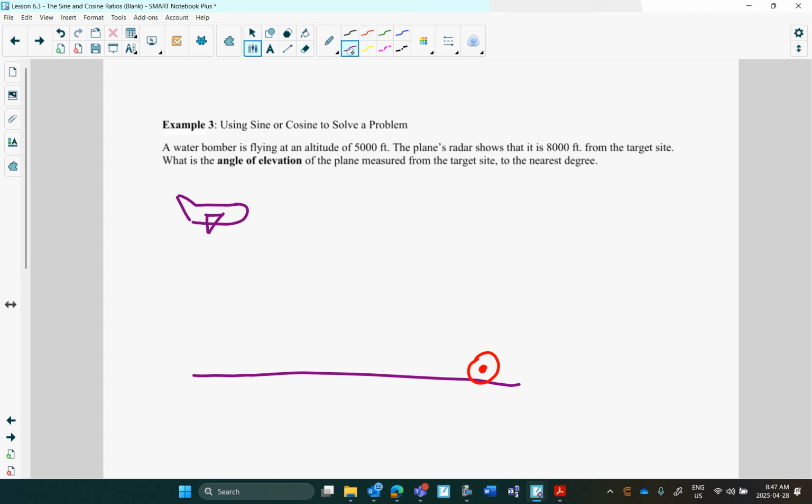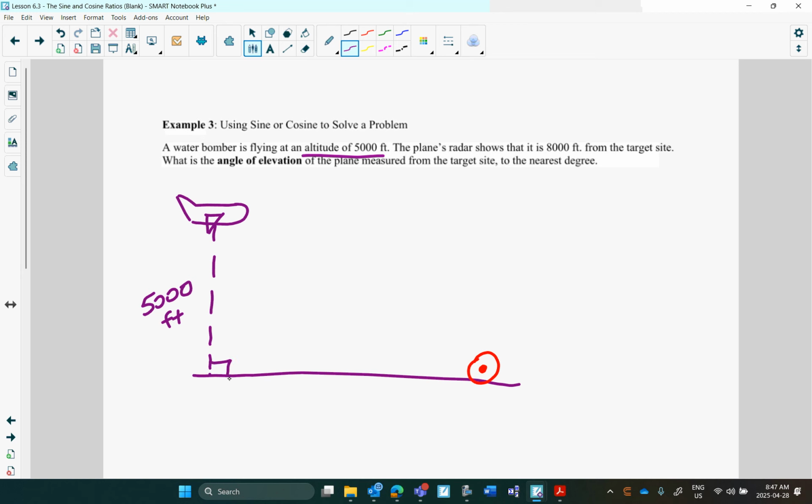Well, let's use this. How high is this off here? So we know that's 5,000 feet. And the height will always make a right angle with the ground, assuming that the ground is flat.